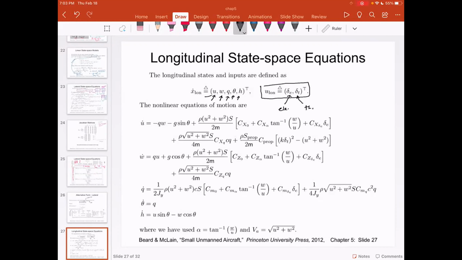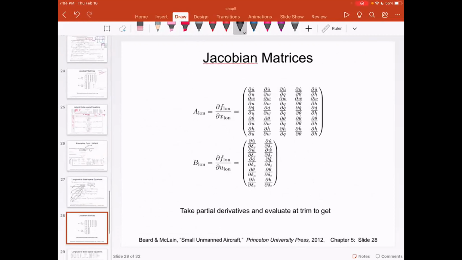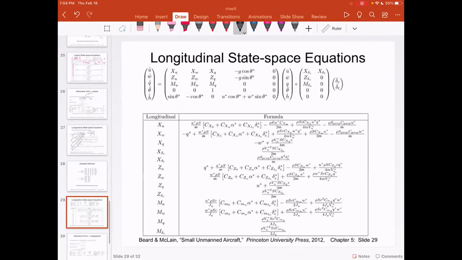Once again, you have u dot over here, w dot, q dot, theta dot, h dot over here. These equations come from the Genesis block. And then what you do is you perform this Jacobian operation, and then you land up with these state equations.